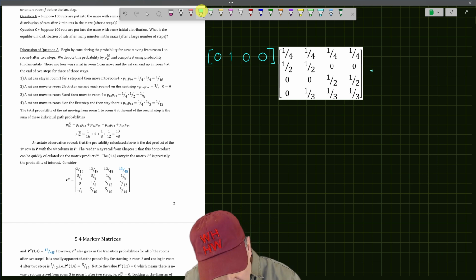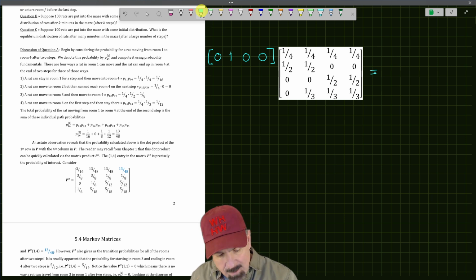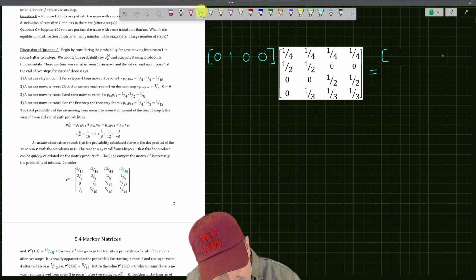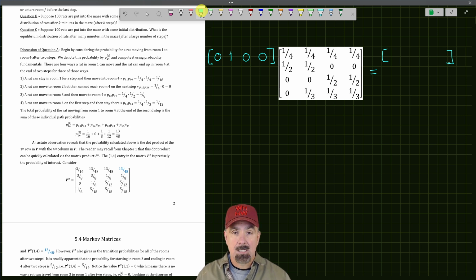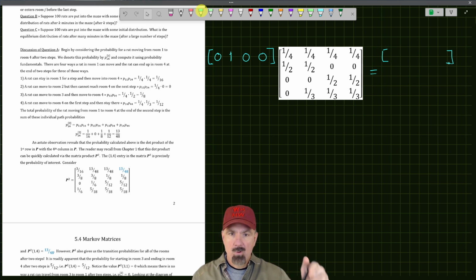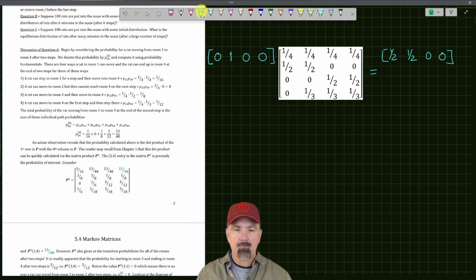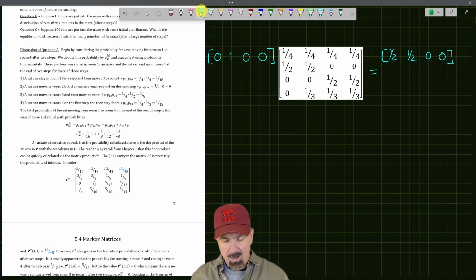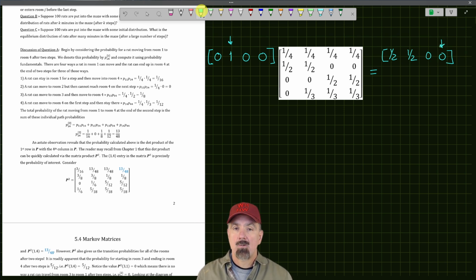Well, when we do this matrix vector multiplication, we're going to end up with a row vector, and that row vector is going to give us the distribution. We can see very easily what that's going to be. When we take that row vector and sweep through, we end up with 1/2, 1/2, 0, 0. So the probability of the rat going from the second state to the fourth state is 0, at least in one step.